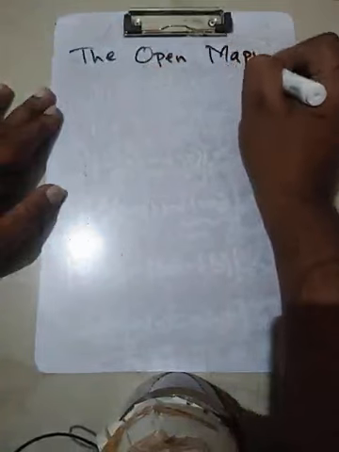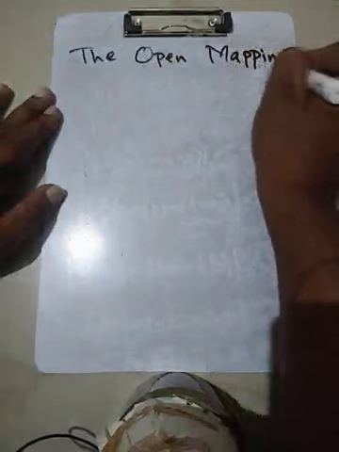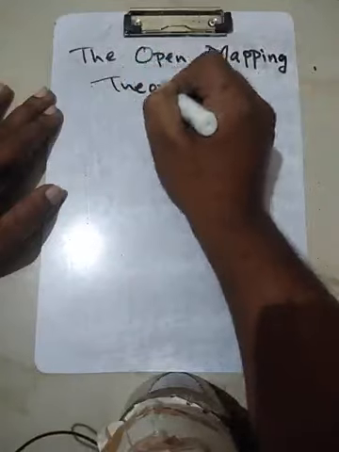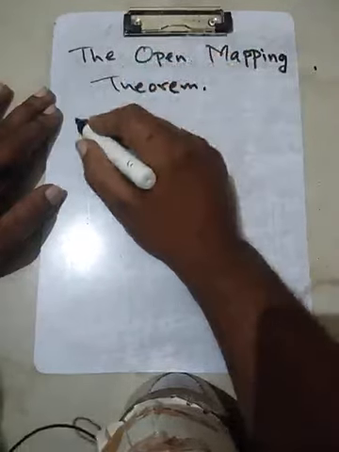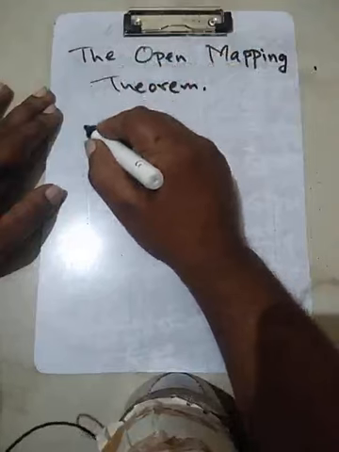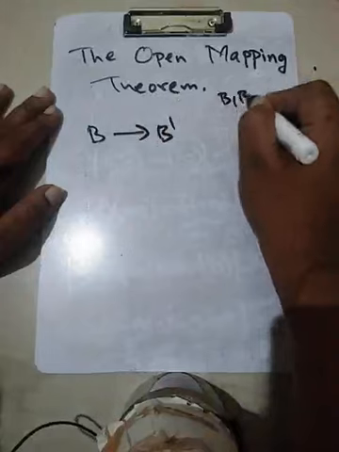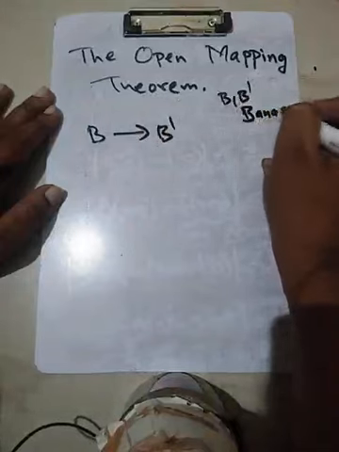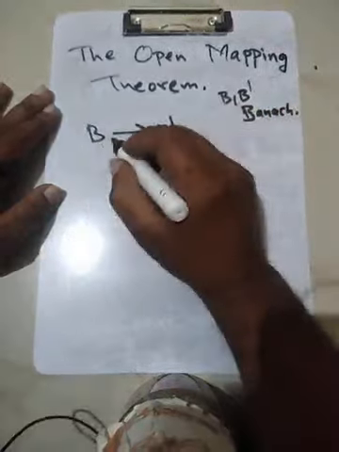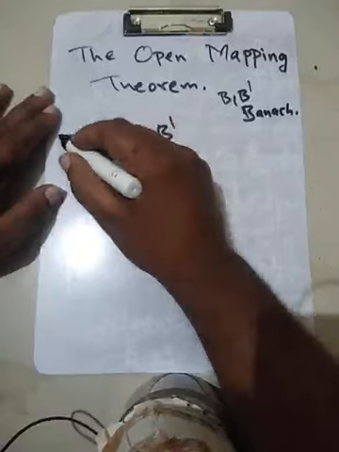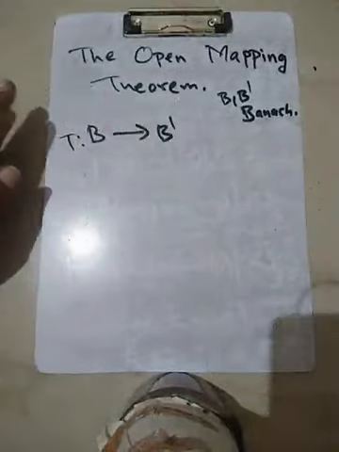So what we want to prove is the open mapping theorem, which states that if you have two Banach spaces B and B dash, and a map T from B to B dash.